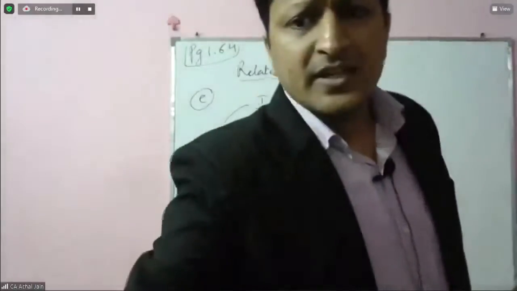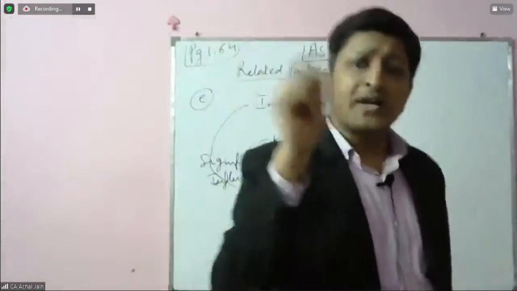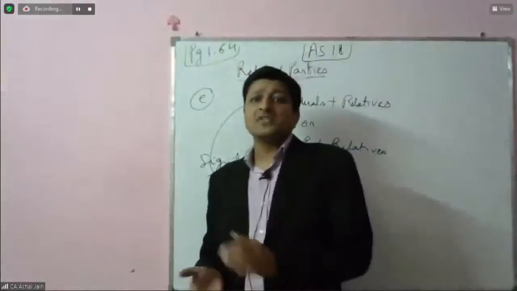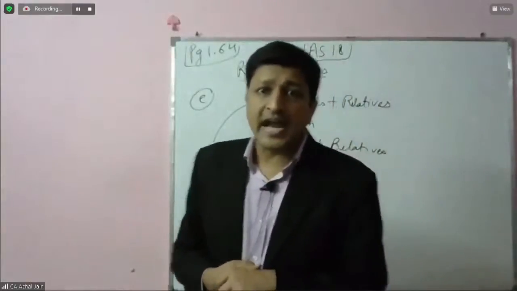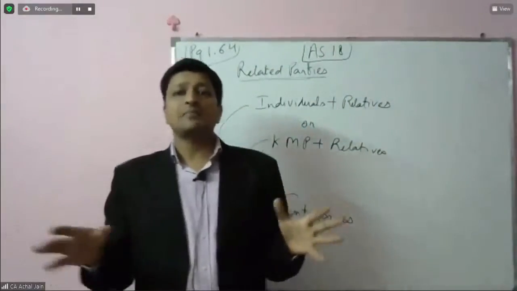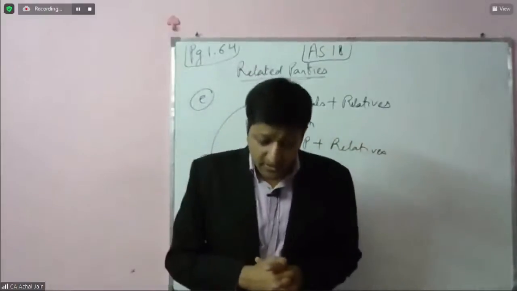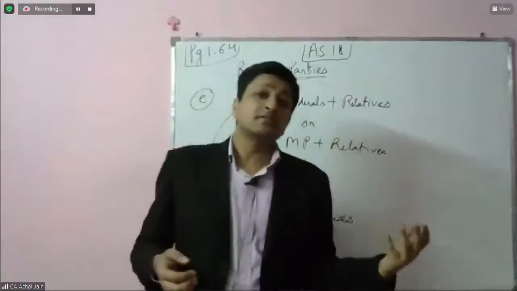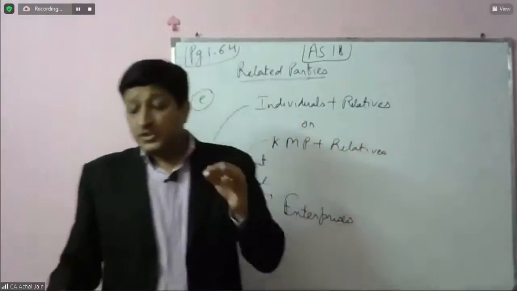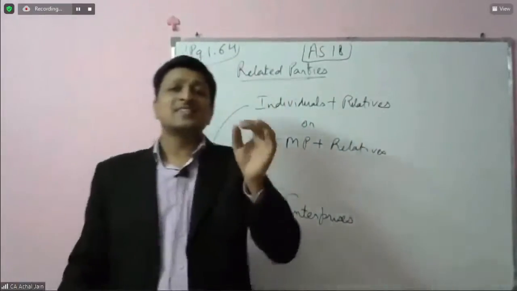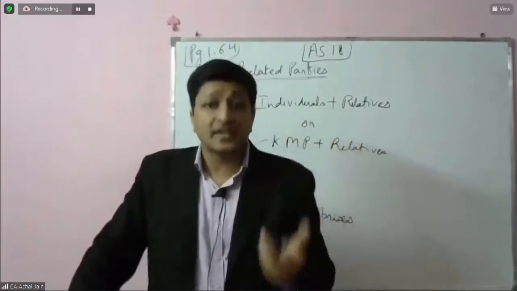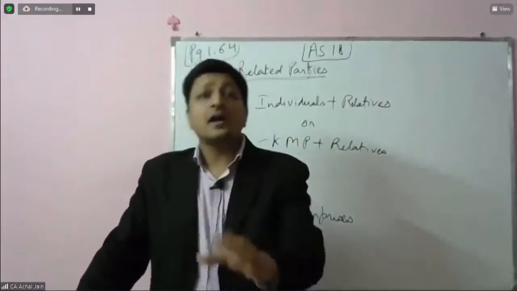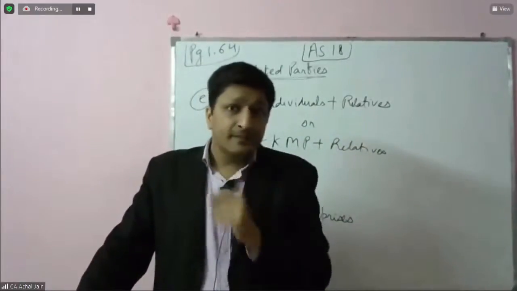Now Sanjay has a query. Sanjay is saying, sir, in point number D, can we say that the company secretary and CFO are not KMP as per the definition given in AS18? See, I can understand your query is coming from the requirements of the Companies Act, which specifically says that CFO and company secretary are the KMP.